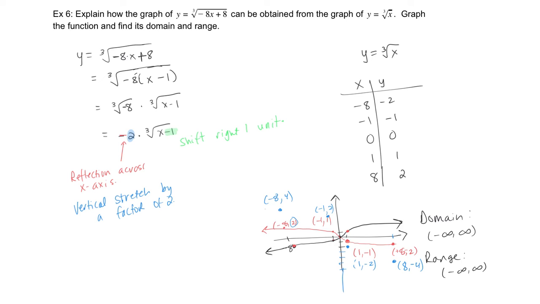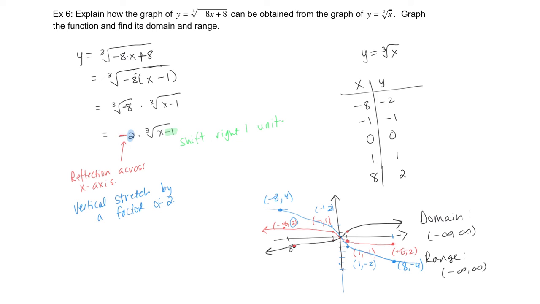Okay, so this one is a little bit too high. Let's see, this guy just reflected, so we're at 1. Okay, and now this guy just doubled, so he would have been here at 2. All right, and now my shift right, it's just going to move my x value.